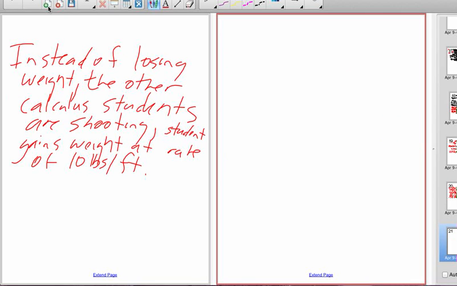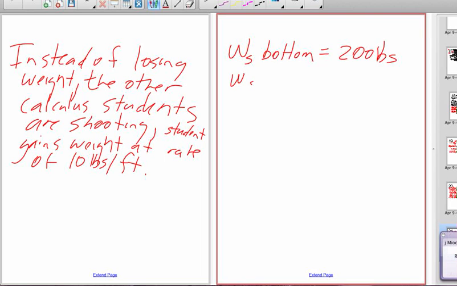All right, so the weight of the student at the bottom is still going to be 200 pounds because you haven't done anything. The weight of the student at the top is going to equal the 200 pounds plus 10 pounds per foot times the 10 feet.